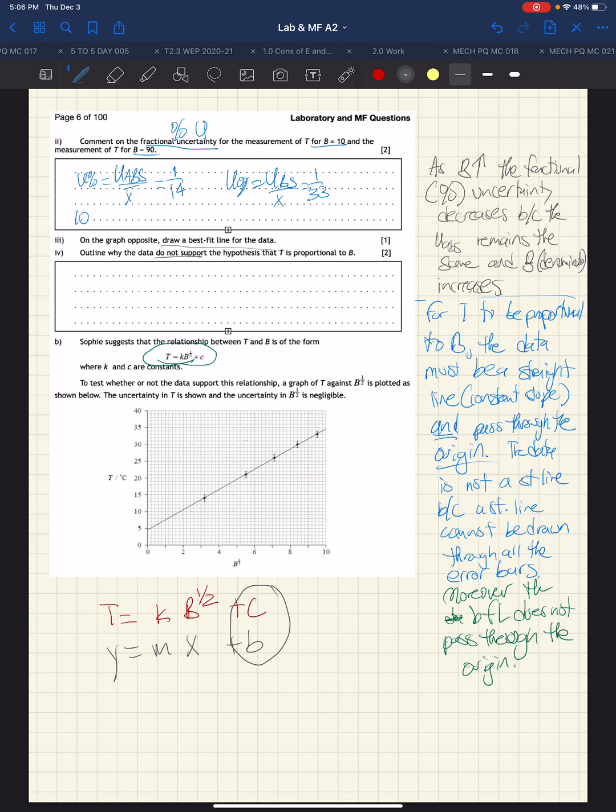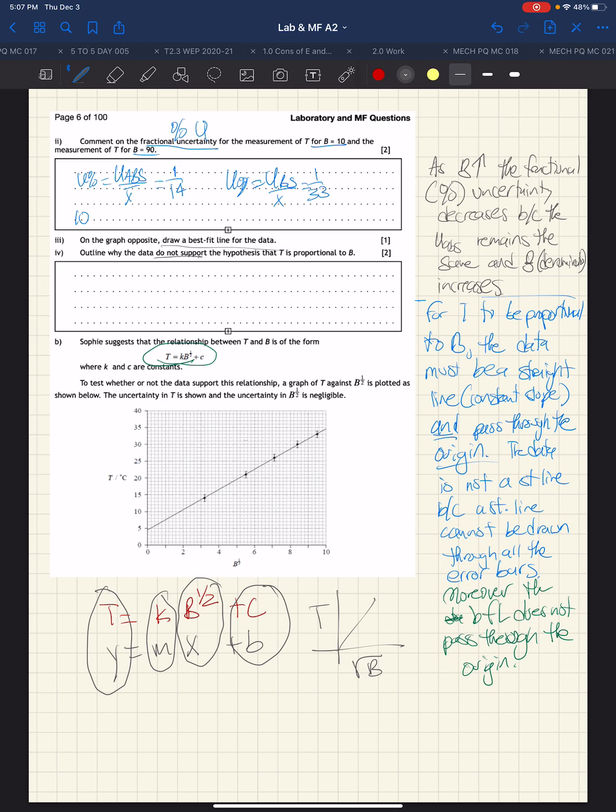We can see C is the y-intercept. The y-axis should be T. The x-axis should be B to the 1/2, and the slope is K. So if we have a graph of T against B to the 1/2, if this is the true relationship, it would produce a straight line.